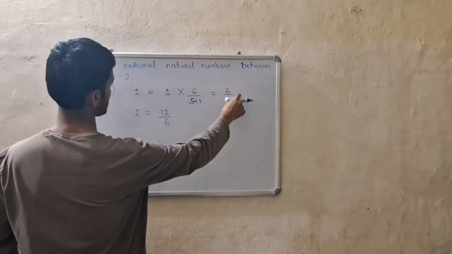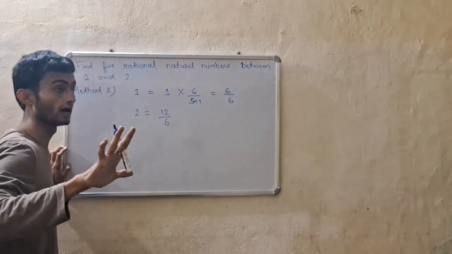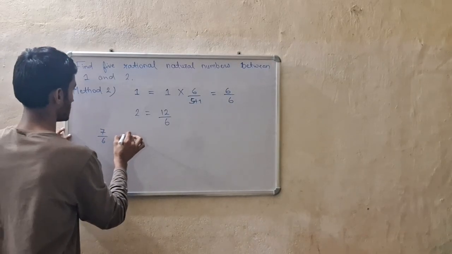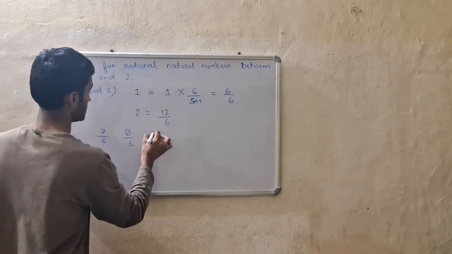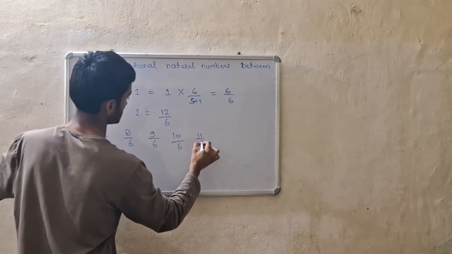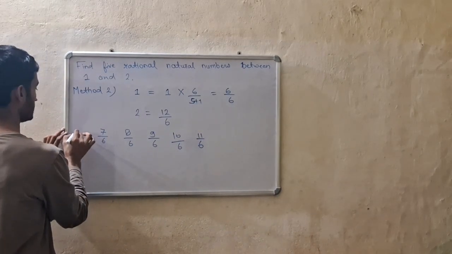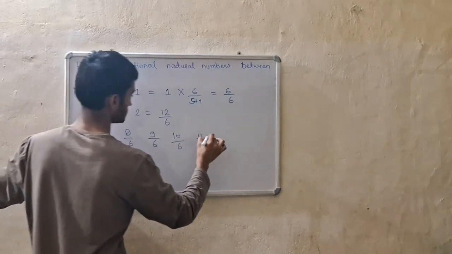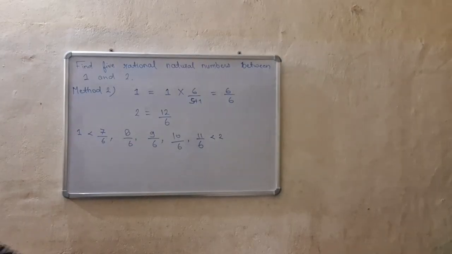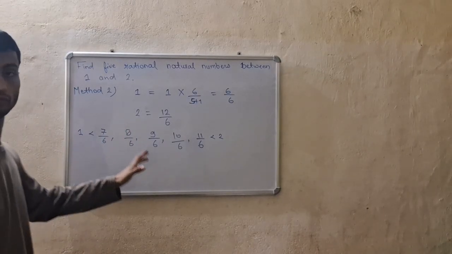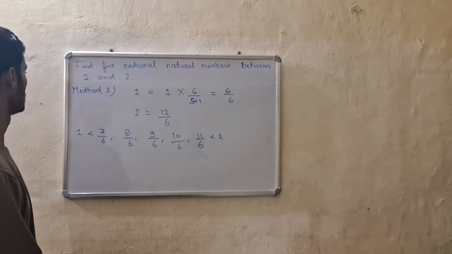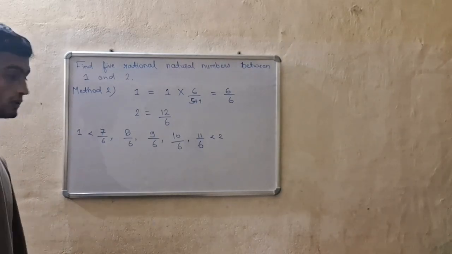Now, between 6 upon 6 and 12 upon 6, you have 5 rational numbers, and they are 7 upon 6, 8 upon 6, 9 upon 6, 10 upon 6, 11 upon 6. And they are in between 1 and 2. So this method is very efficient and is good to use compared to the first one.